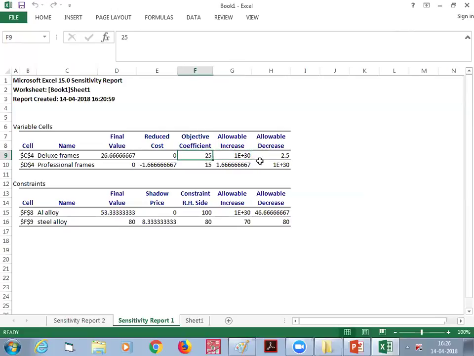Lower limit is that same 22.5. So again, if we decrease it lower than 22.5, we'll go back to the previous solution. And here, we can increase it up to 16.6666. We can decrease it to any extent because it's no longer profitable. If it becomes a little more profitable, again, we may go back to the previous.